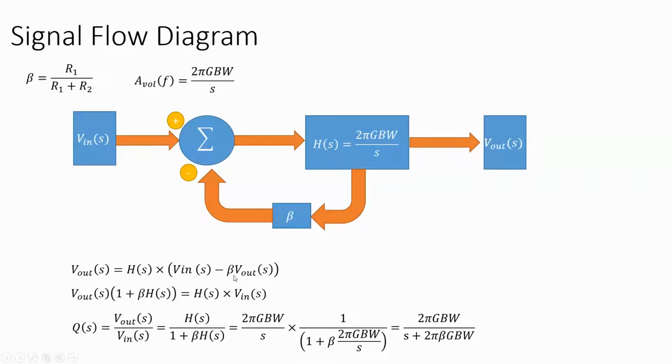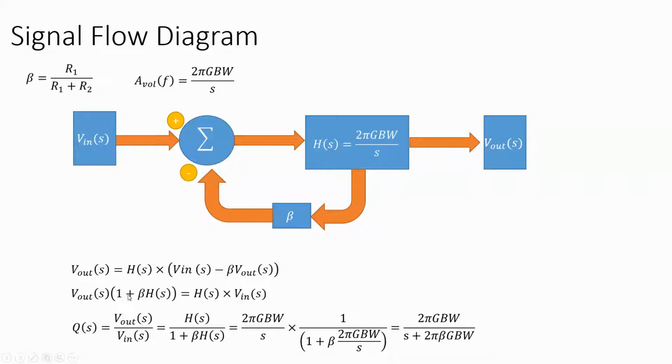V out equals the transfer function times beta. That's why the transfer function is common to V in and the feedback path, and it's really just modified by beta. Then we collect our terms and we get 1 plus beta H(s), and notice that the minus sign here is the negative feedback. When we manipulate the math and collect the terms, it becomes positive.